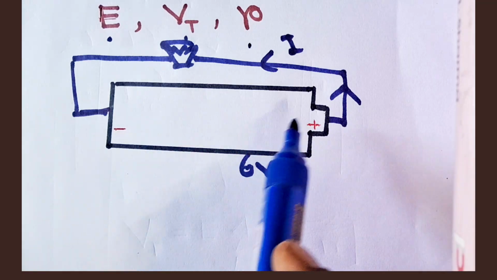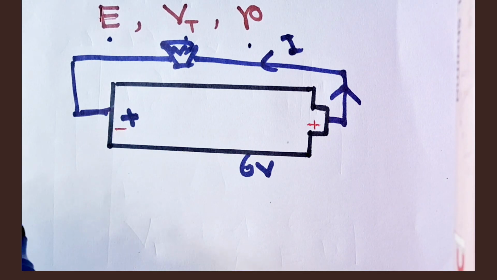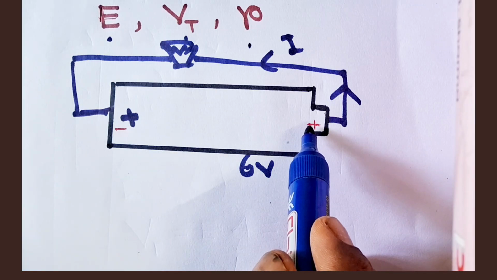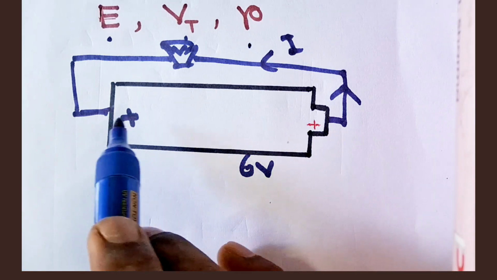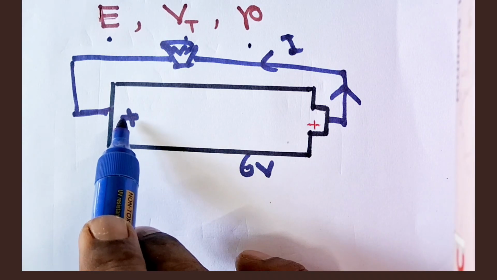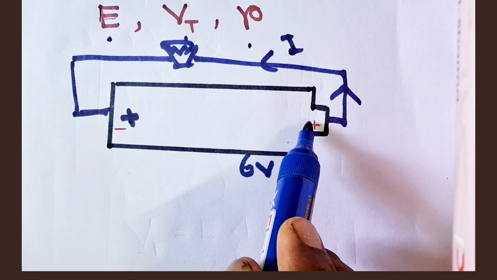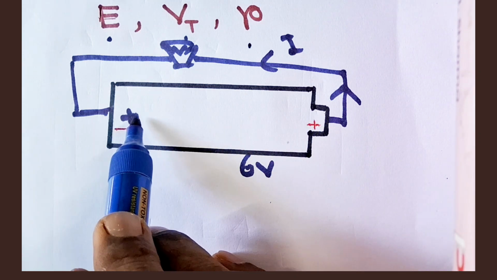To explain it, let us assume positive charge flows. It's a positive charge, and it is the positive terminal of the battery. Definitely it will repel the positive charge. For this, the battery has to do work to make the charge move, or to bring the charge from this terminal to this terminal. And then it will push the charge.